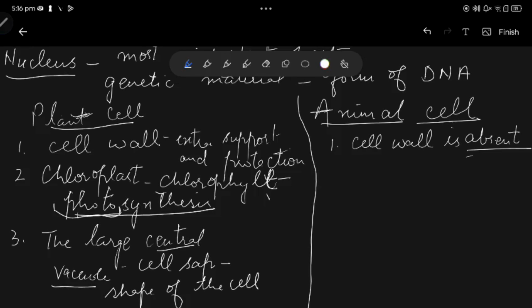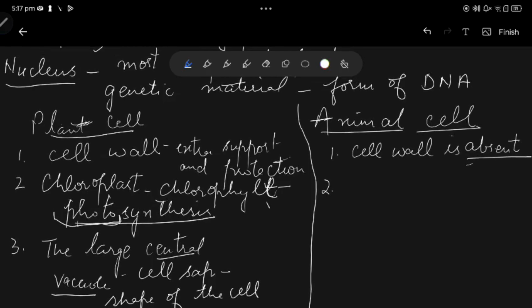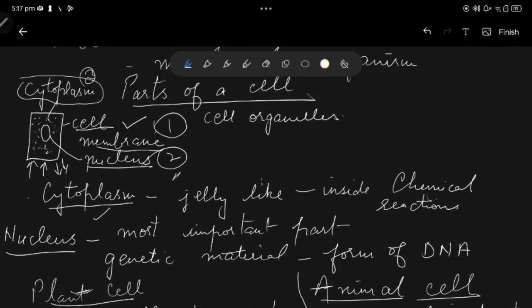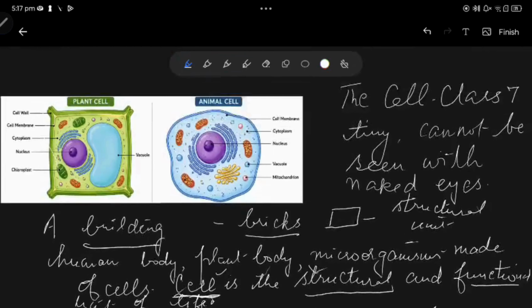And the vacuoles in the animal cell are generally much smaller. There is no huge central vacuole.